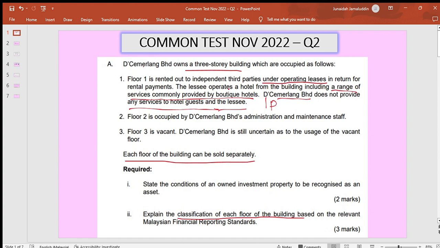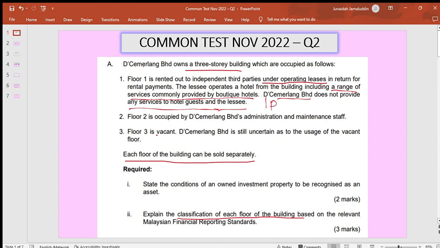So the owner has nothing to do with the hotel operation. In that particular case, even though the floor is used as a hotel that provides significant services, since the owner is not involved in running the hotel operation, floor 1 can still be classified as an IP.